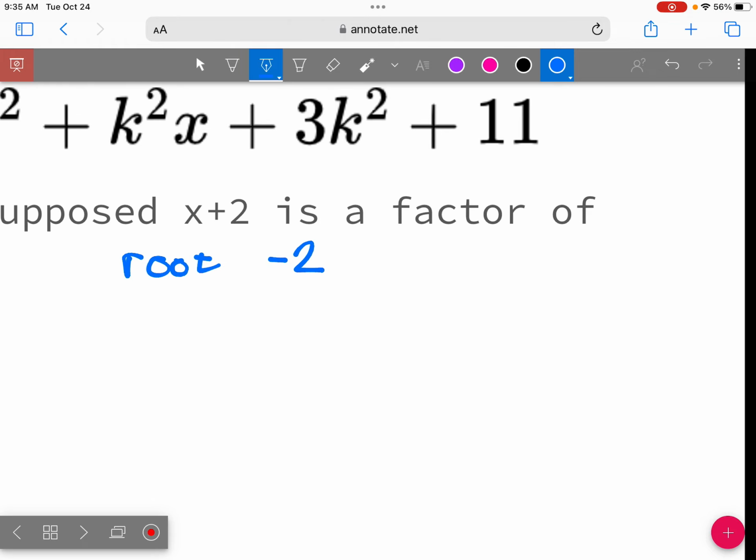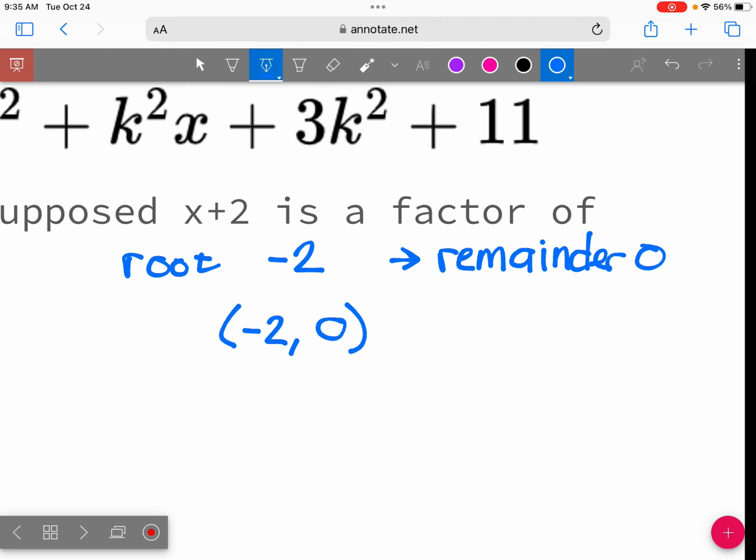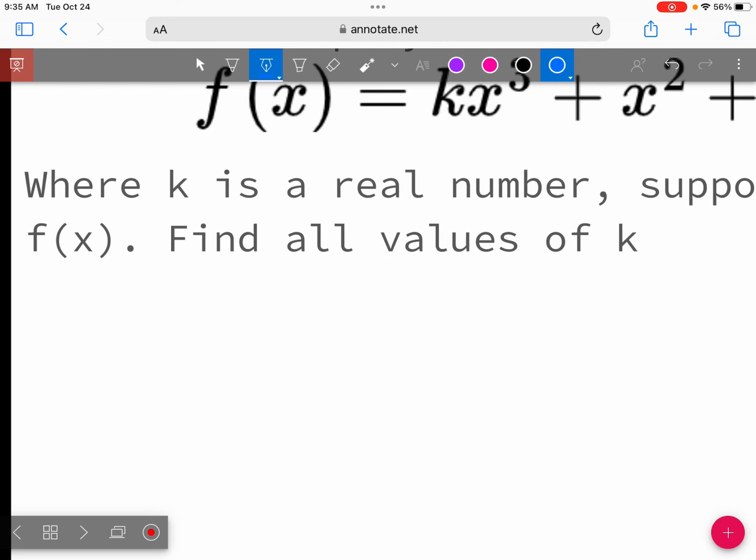And since it's a factor, we know that its remainder is 0. Which means the point negative 2 comma 0 is a thing in this function. So we're going to substitute in that point and solve for k.